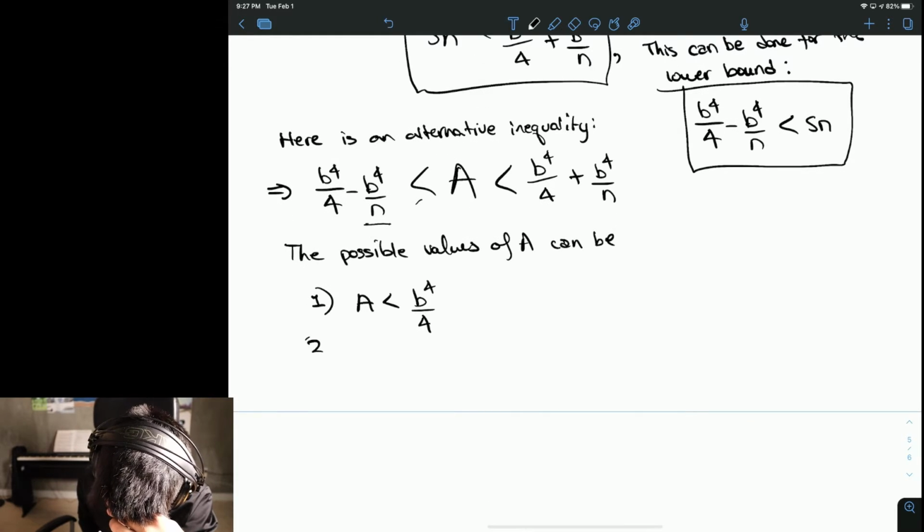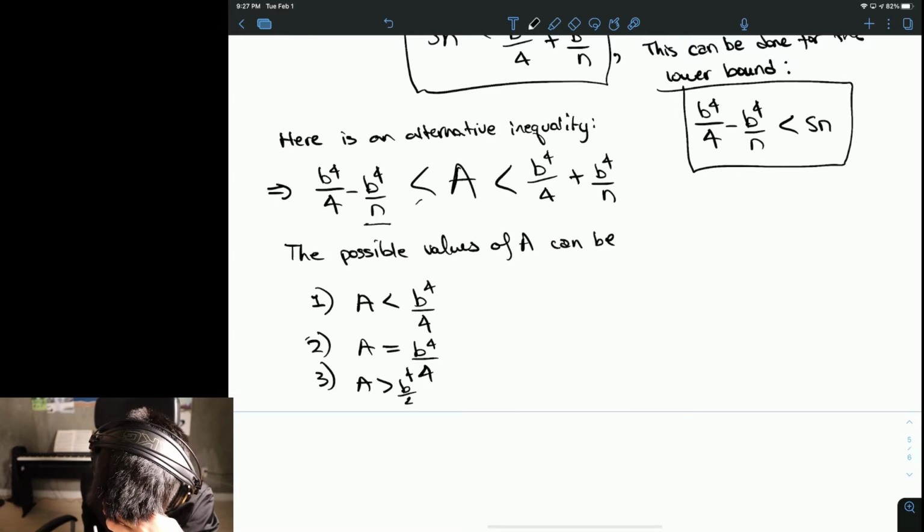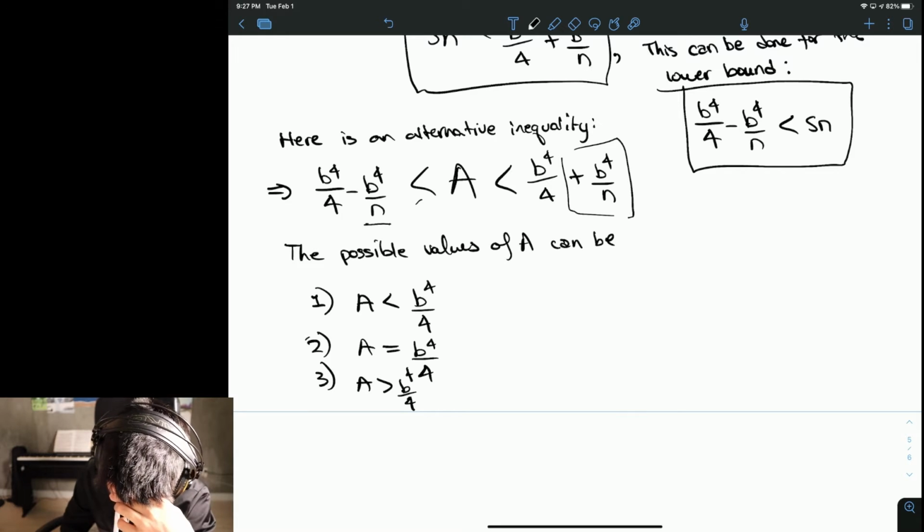A can be exactly b4 over 4. Or A can be greater than b4 over 4, again sitting somewhere in the breadth of this positive term.